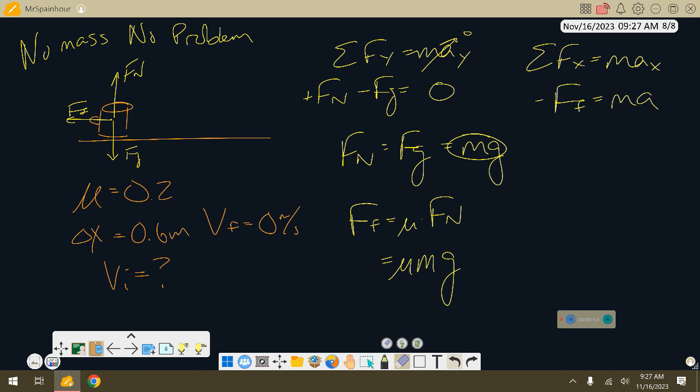Our equation here, force friction is equal to mu times force normal. Since force normal is equal to mg, I just wrote this again, but instead of force normal, I wrote mg instead. So if you want, I'll put the parentheses around this. This is just mu times force normal. Now, again, we can't get a number yet. But what would you do with that equation, with that number, if you had it right now?